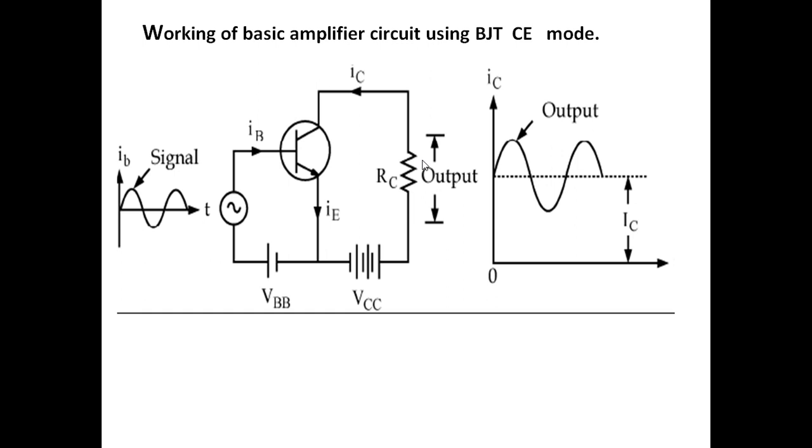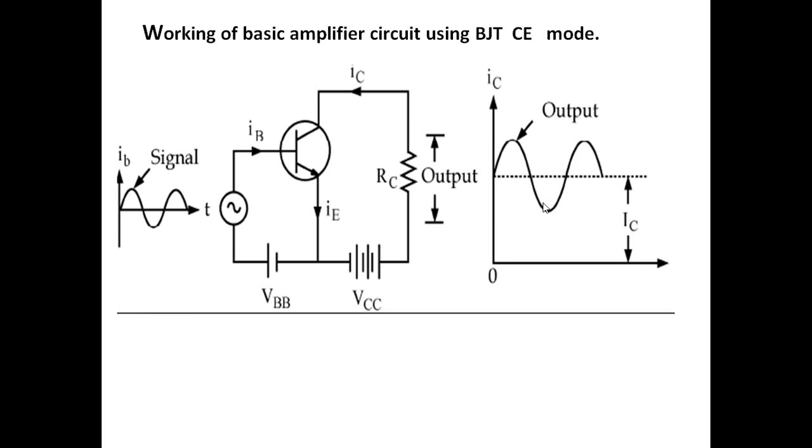So this output signal indicates the amplified version of the input signal. The input has only this amount of amplitude, whereas the output amplitude is increased. Therefore, we can say the output signal is the amplified version of the input signal.